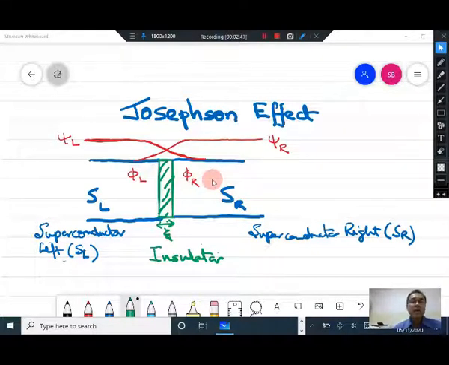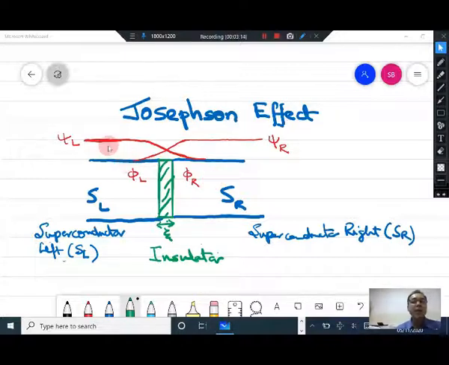So you have a Cooper pair current, which is a tunneling of current happening across the junction. You have this junction and an interface between them, which could be an insulator, or a normal region, or a region with very weak superconductivity.